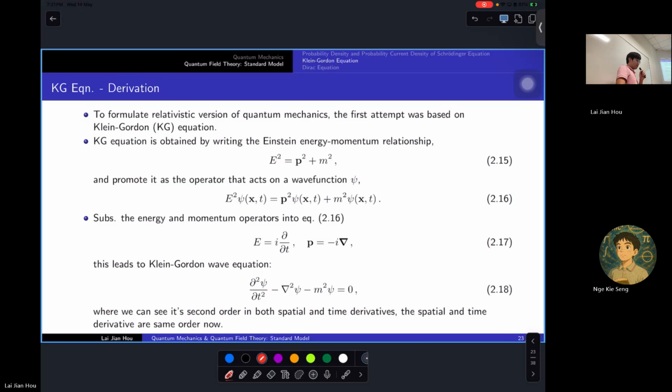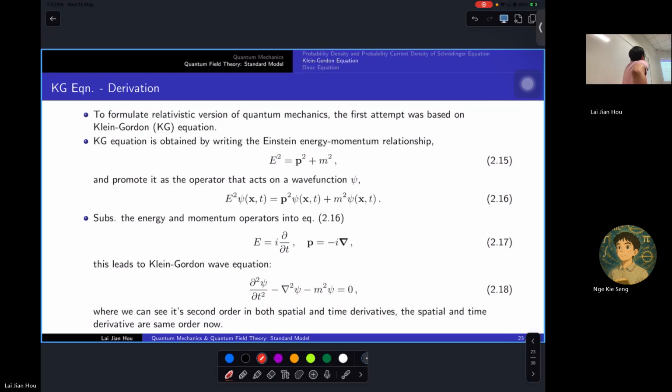The Schrodinger equation works very well for non-relativistic particles such as electrons, protons, etc. But for relativistic particles such as the photon, the light, which moves at the speed of light, it fails to express with the Schrodinger equation.